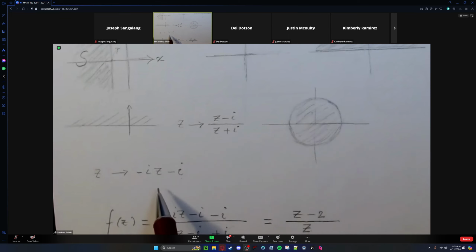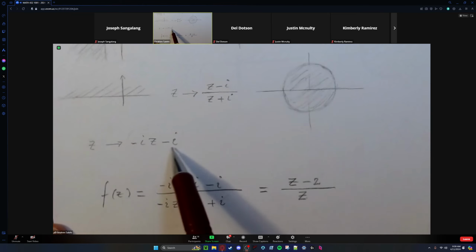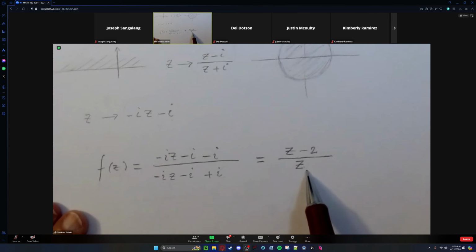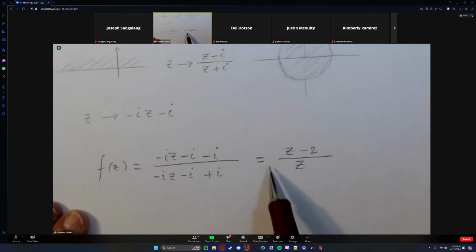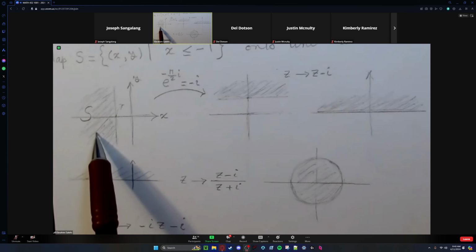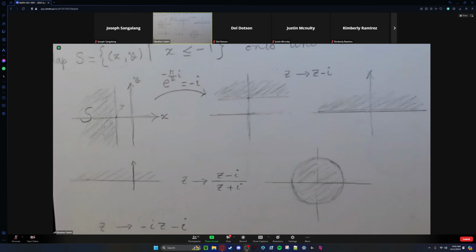Motion number three, you send this here. So you replace z in this by this. So here we go, right? So this function maps this S into the unit circle. Isn't that fun? No, it is fun.